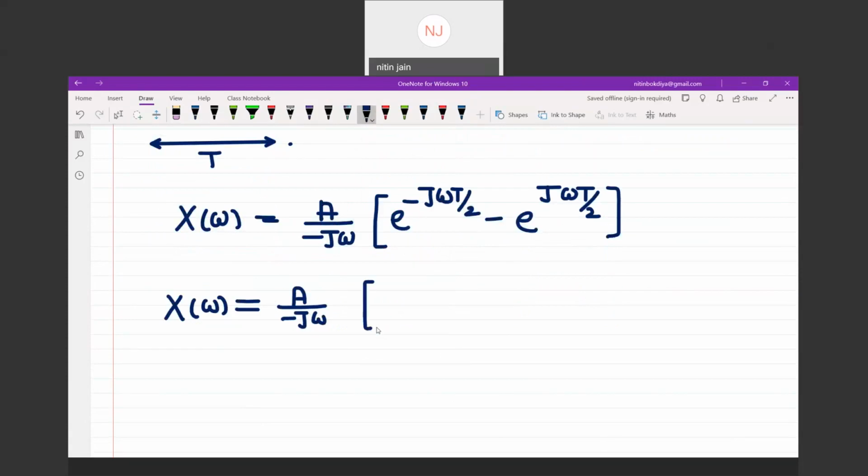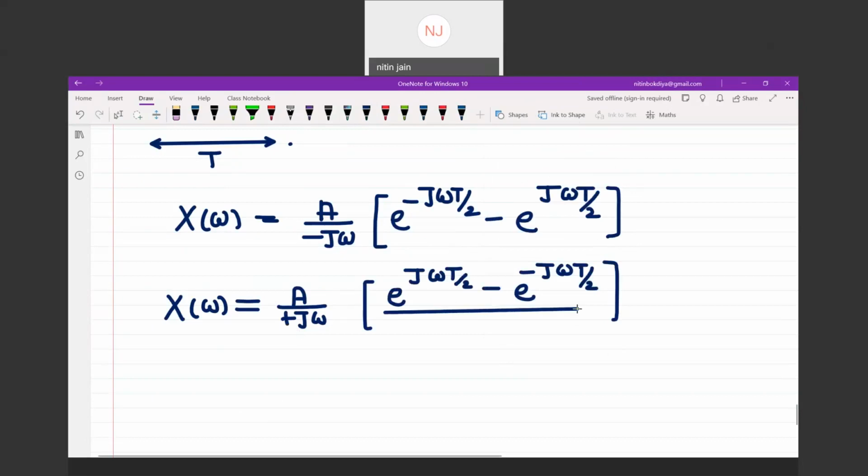If I compensate this minus, the function inside will be e to the power j omega T by 2 minus e to the power minus j omega T by 2, divided by what I need, 2 iota. So 2 is not here. So multiplying by 2, and iota is consumed by this, so I am removing this. This can be a new equation.